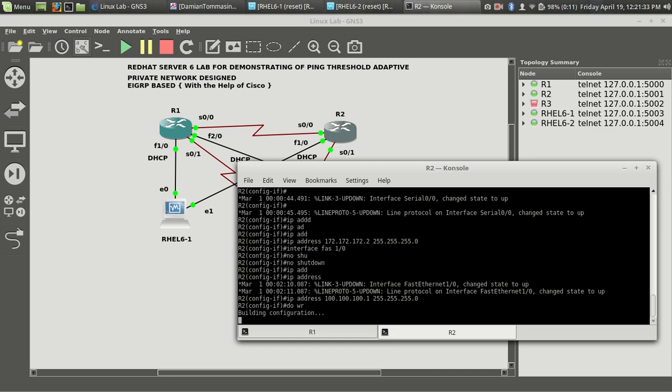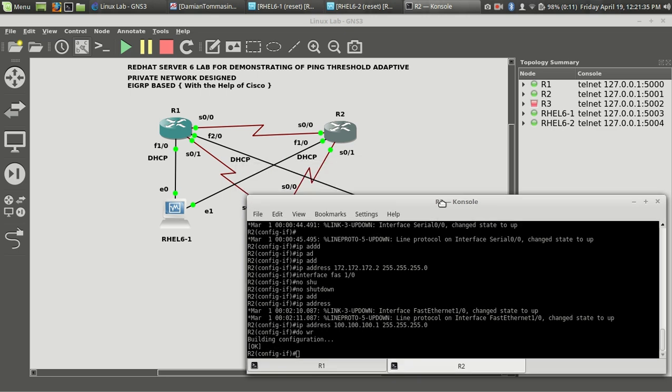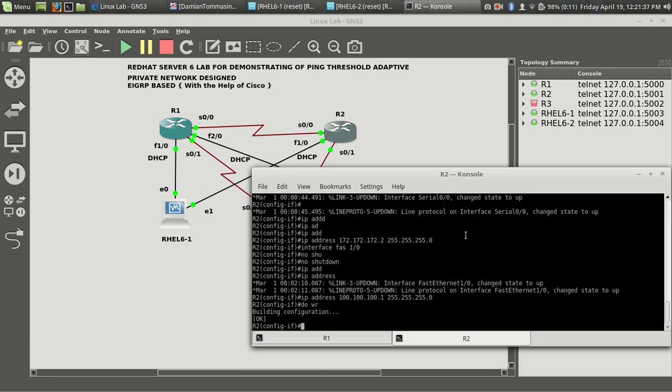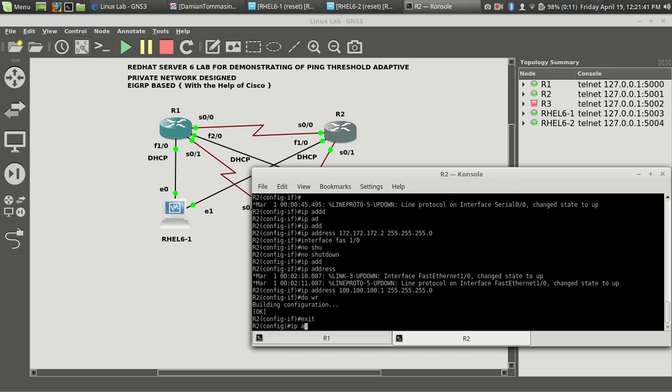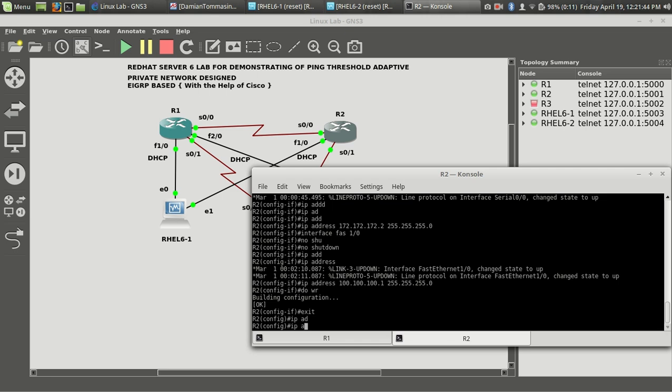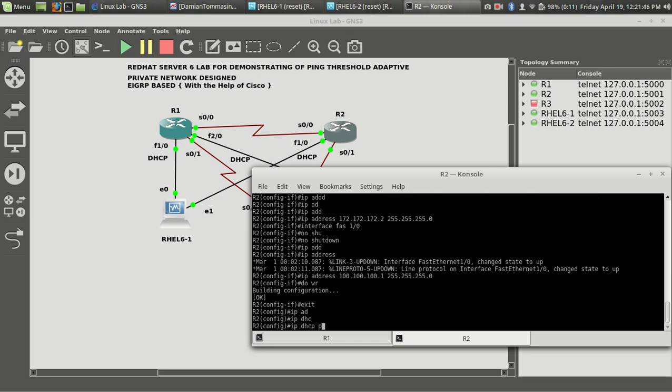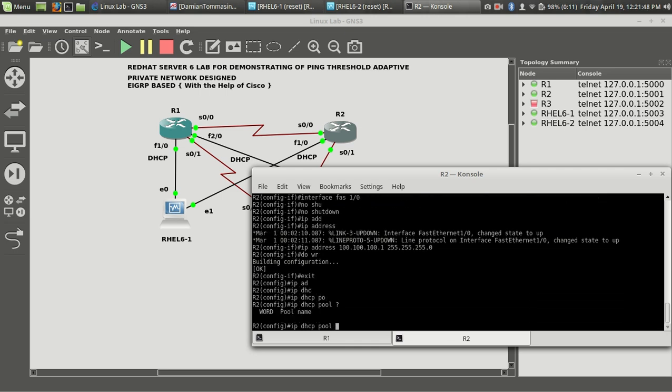On this port I need a DHCP service. The command is ip dhcp pool. The pool name is Router2 Red Hat 6 server. This is my pool name.